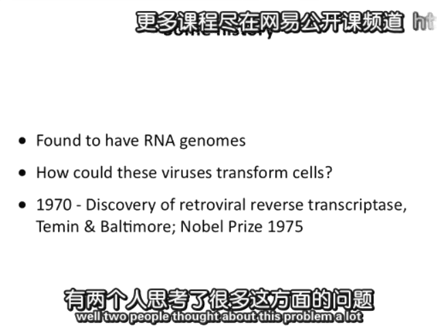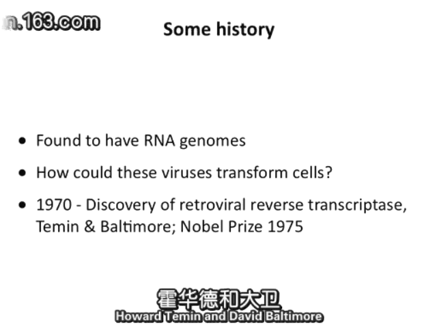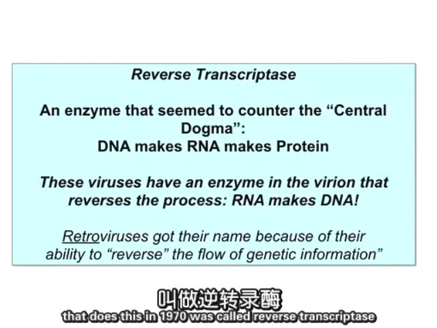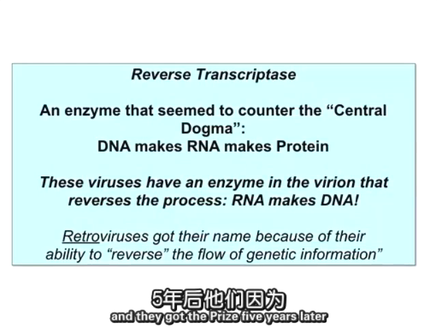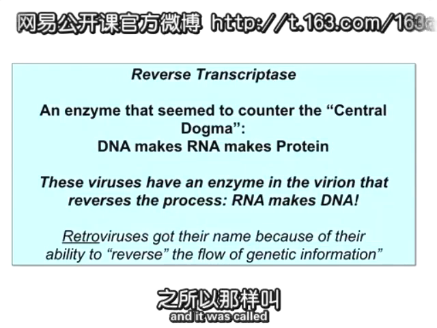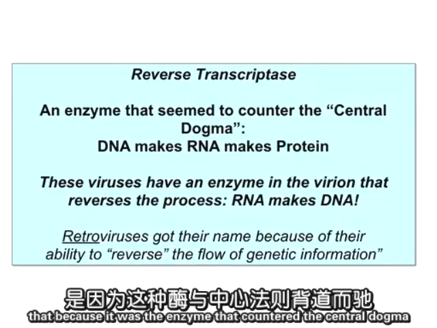Well, two people thought about this problem a lot, Howard Temin and David Baltimore. And they discovered the enzyme that does this in 1970. It was called reverse transcriptase, and they got the prize 5 years later for the discovery. It was called that because it was the enzyme that countered the central dogma.